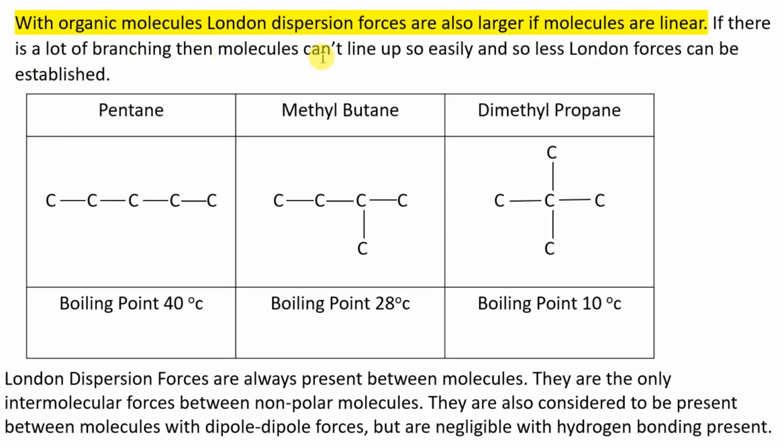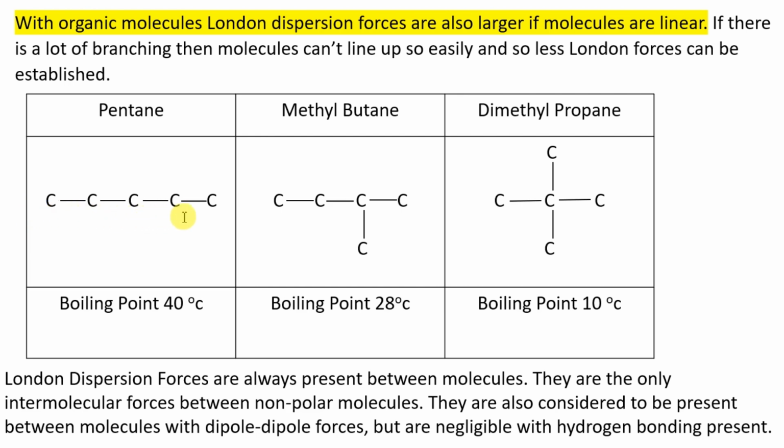With organic molecules, London dispersion forces are also larger if molecules are linear. If there's a lot of branching, then molecules can't line up so easily, and so less London forces can be established. I see that looking at 3 compounds which have 5 carbon atoms.